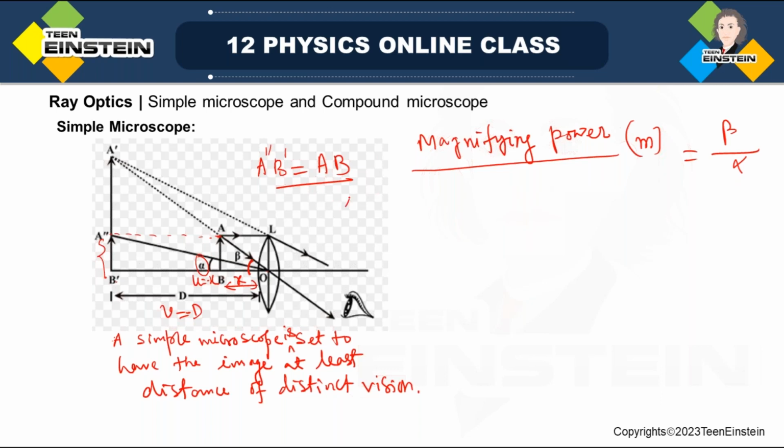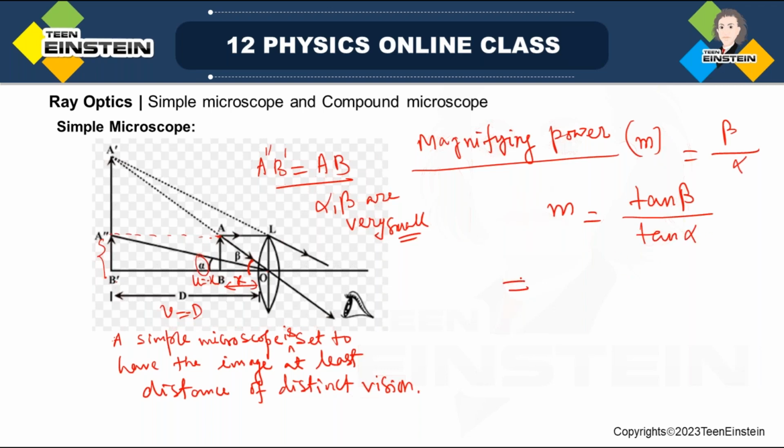And since alpha and beta are very small angles, I can simply write alpha by beta as tan alpha by tan beta, because tan beta for a small angle will be beta, and tan alpha for a small angle will be alpha as well.